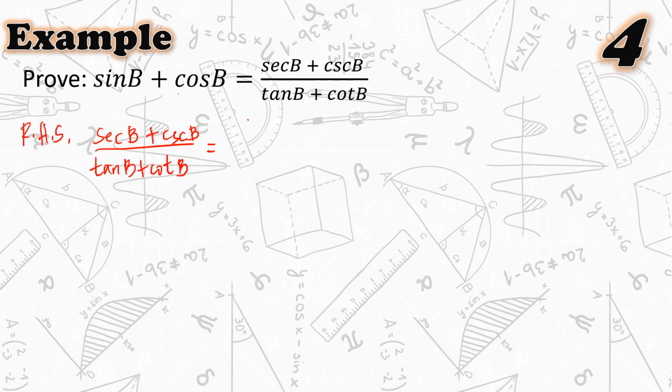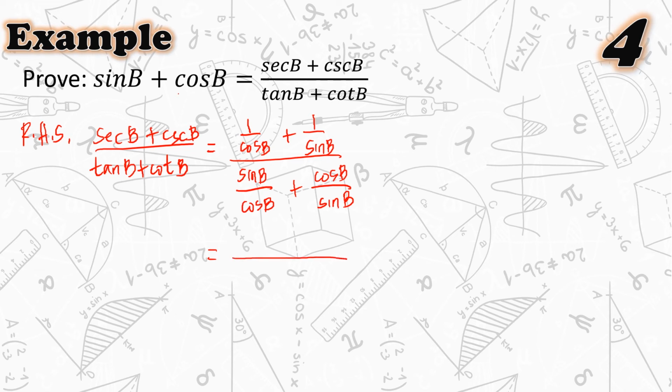Secant B is 1 over cosine B. Cosecant B is 1 over sine B, that is in the numerator. In the denominator, tangent B is sine B over cosine B using the quotient relation. Also, cotangent B is cosine B over sine B. Now, what we're going to do is to combine the terms in the numerator and the denominator separately.